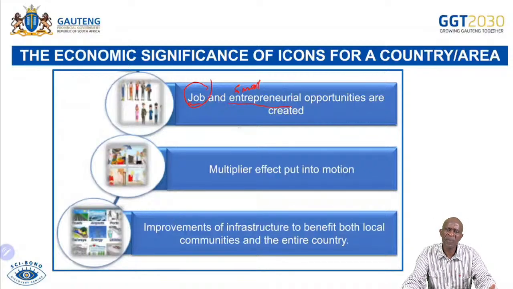When people visit an icon, they will need transport, accommodation, food and beverages. And those economic sectors will have to employ local people to provide goods and services for those tourists, and they earn themselves salaries and wages.